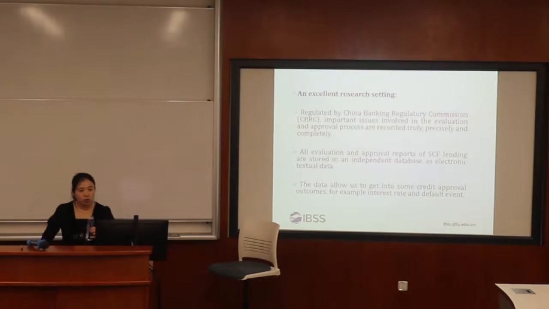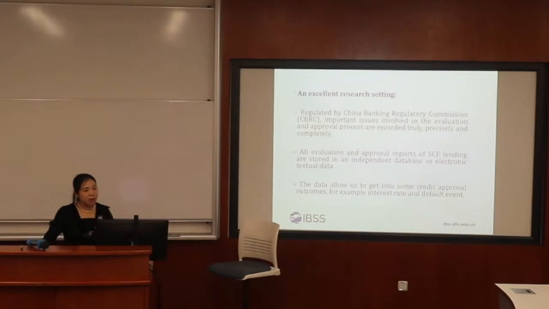For this research, to be honest, we got very excellent research conditions. We contacted a bank, and this bank gave us some data. And all these data are regulated by the China Banking Regulatory Commission, and these data are stored in an independent database as electronic textual data.